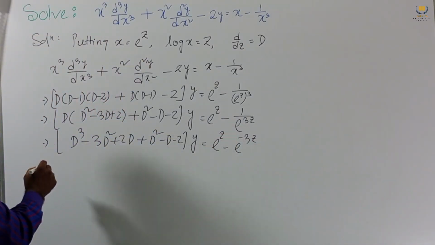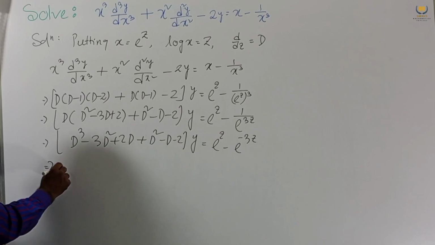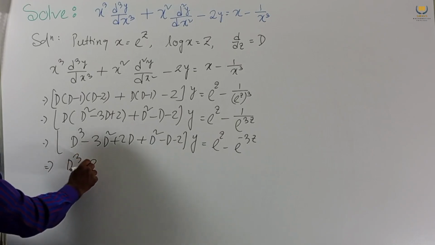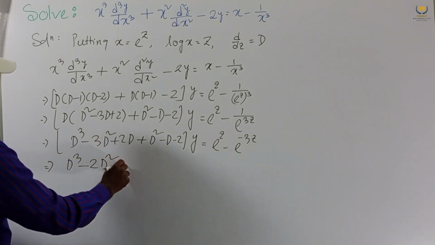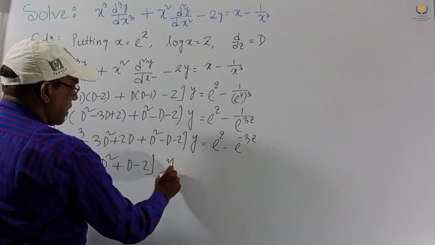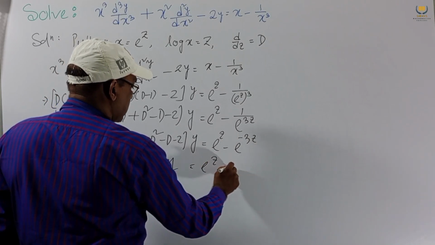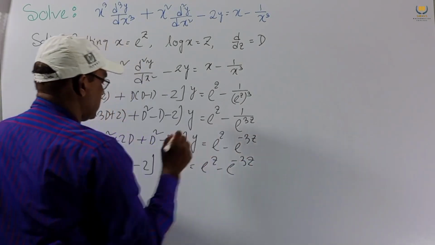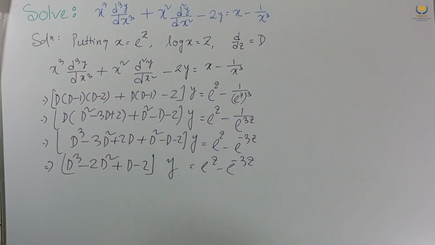We get this. And multiplying this, D cube minus 3D square plus 2D, plus D square minus D minus 2, y equals e to the power z minus e to the power minus 3z. This implies D cube minus 2D square plus D minus 2, y equals e to the power z minus e to the power minus 3z. If we calculate, we get this one.